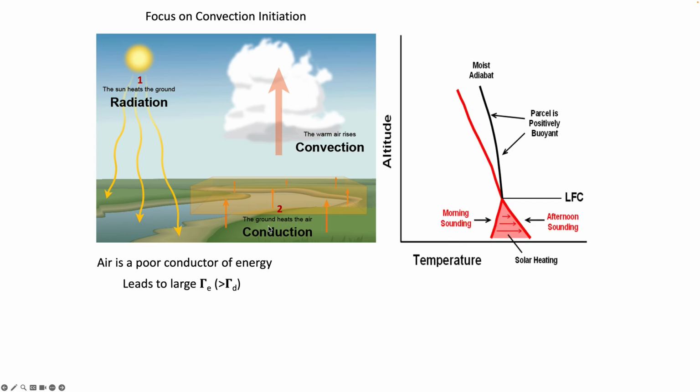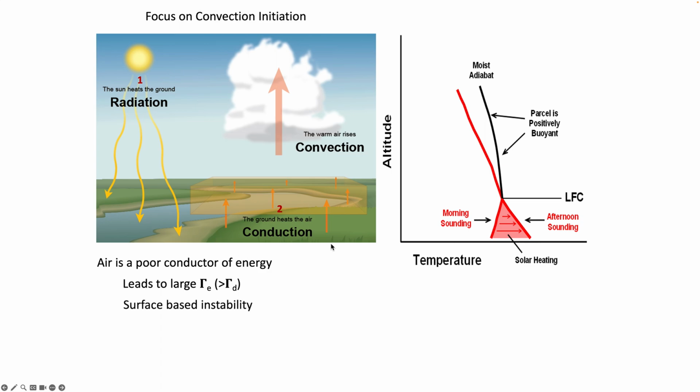And what happens is that because almost all of this heating is concentrated fairly close to the ground, what we see in terms of our sounding, in other words, our vertical temperature profile, is that our morning sounding goes from being pretty stable to being pretty unstable. In other words, the environmental temperature begins to decrease very rapidly with height, our environmental lapse rate becomes large, and the atmosphere becomes unstable.